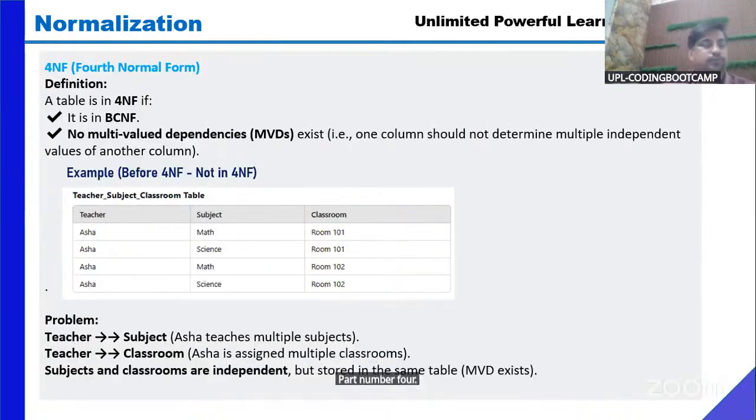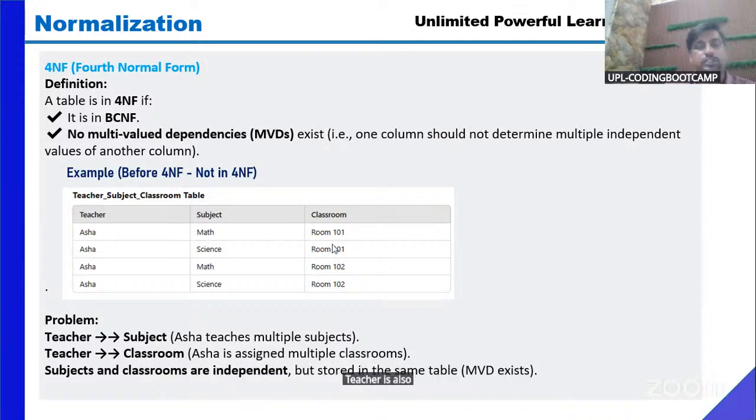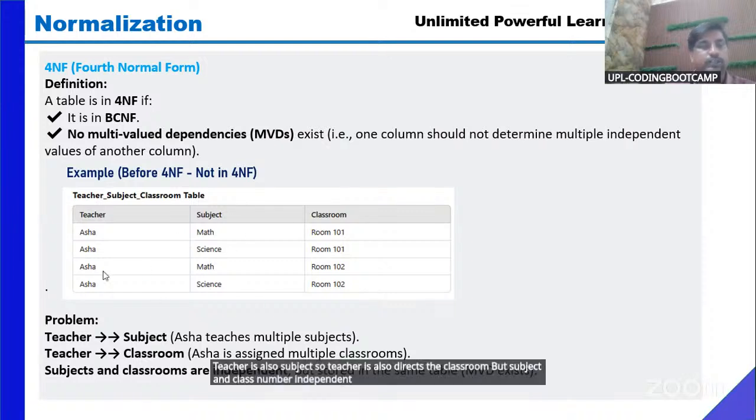And fourth normal form is talking about multi-valued dependencies. First it should be BCNF, then no multi-valued dependencies. Here, teacher determines subject, and teacher determines classroom. But subject and classroom are independent, yet stored in the same table.